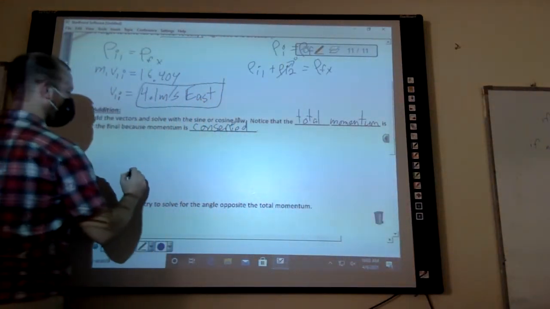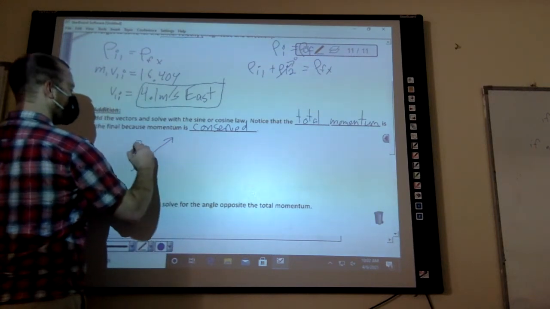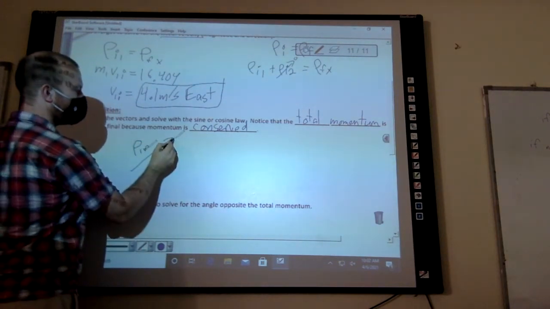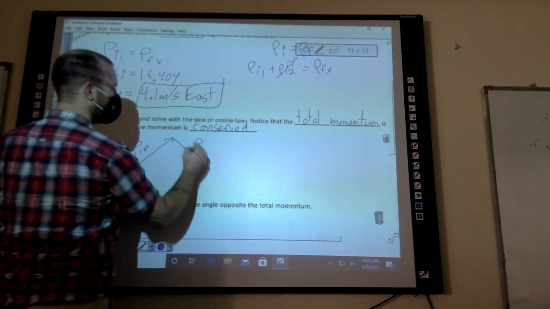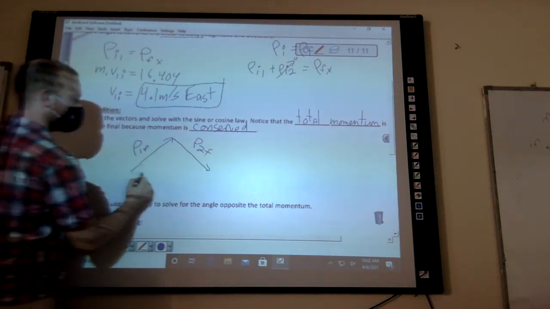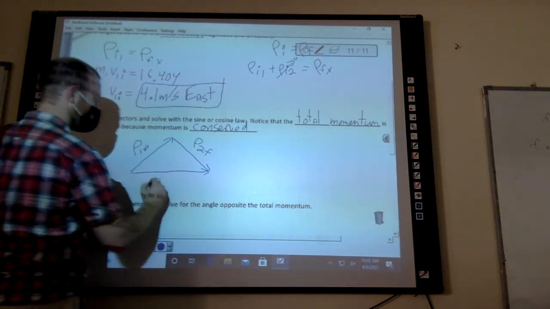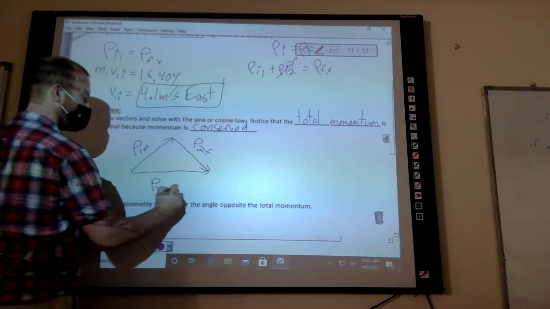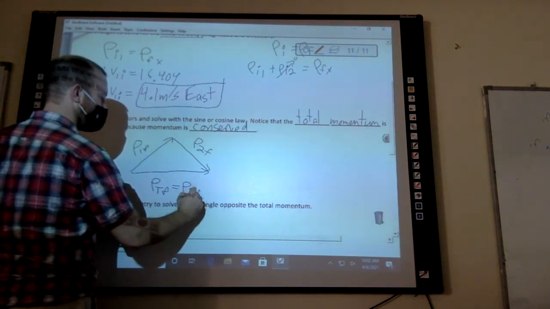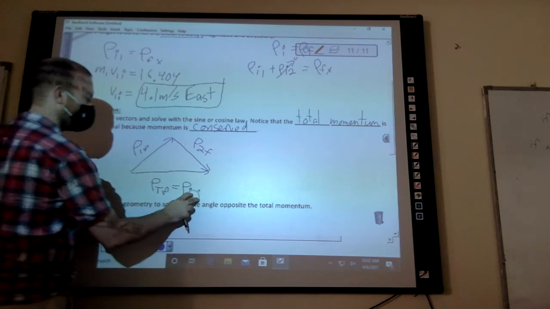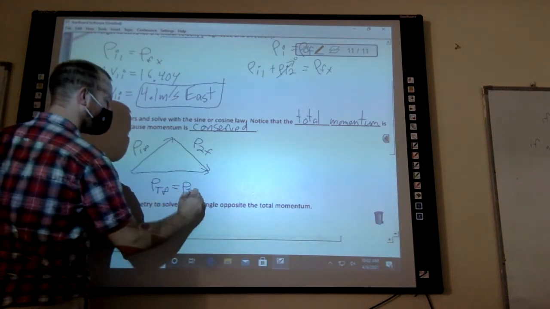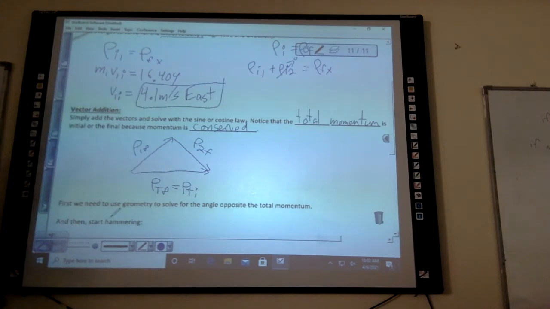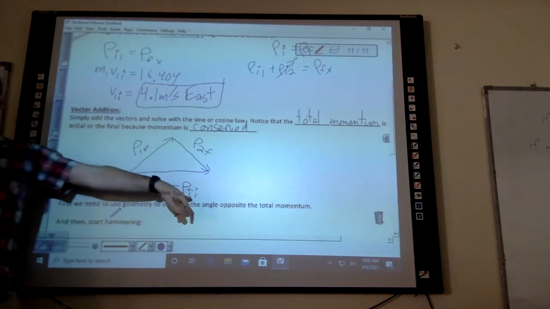Momentum 1 final plus momentum 2 final, if I add those two together, we get momentum total final, which we know is equal to momentum total initial. Because of conservation of momentum, our initial equals the final.